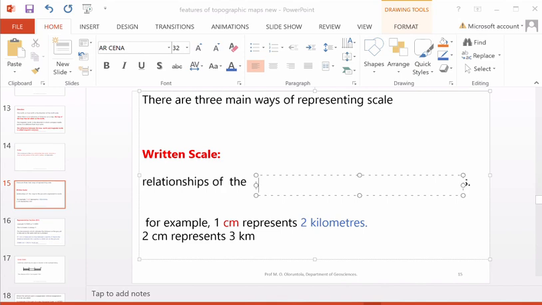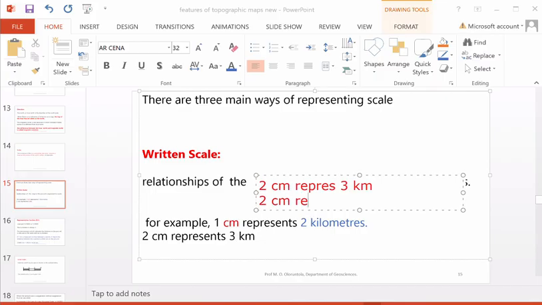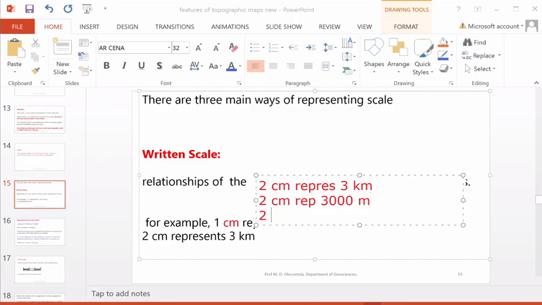So you say 2 centimeters represents 3 kilometers, which is 3,000 meters. 3 kilometers is 3,000 meters, which is 300,000 centimeters.